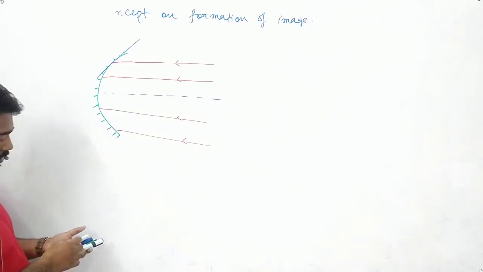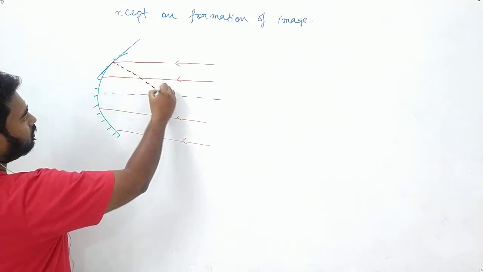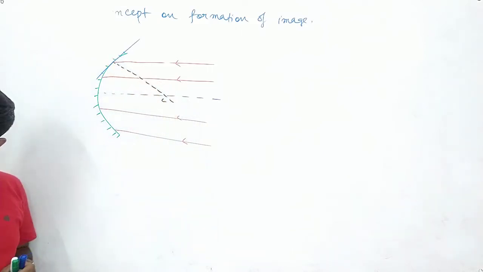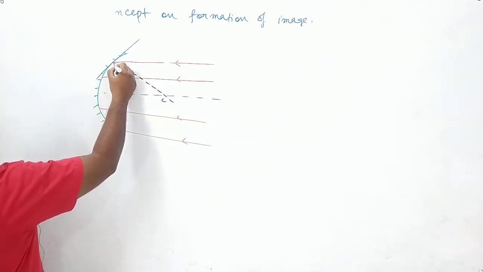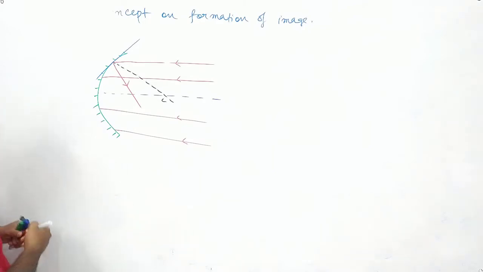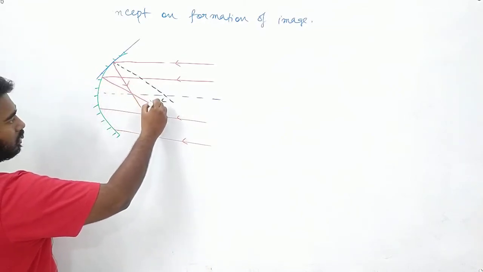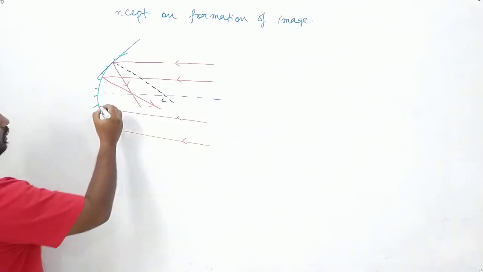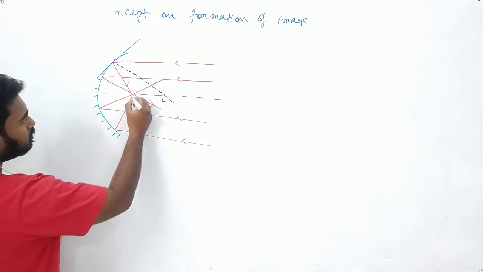And we always know that there is a normal that passes through the center and it will make an equal angle, and the ray of light will pass from it. In the same way, in all of the cases, you can draw the same diagram and you can see that the rays of light will move in this direction. It can also move in this direction. It can also move in this direction.